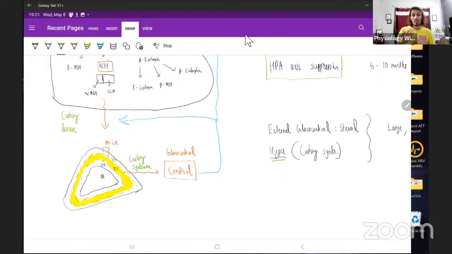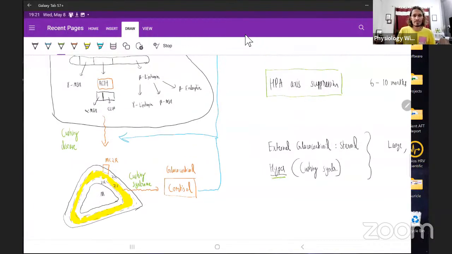Okay. So the difference here will be in Cushing syndrome, because cortisol is high, ACTH will be low. But in Cushing's disease, the primary problem is that ACTH is high. So ACTH also will be high, cortisol also will be high. So investigation wise, you can differentiate.